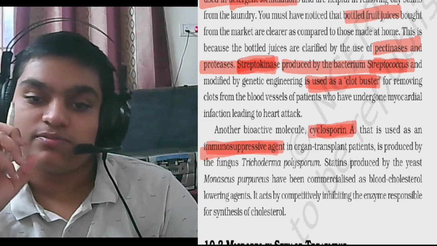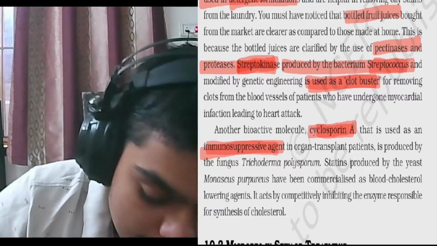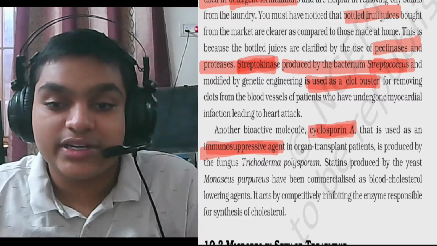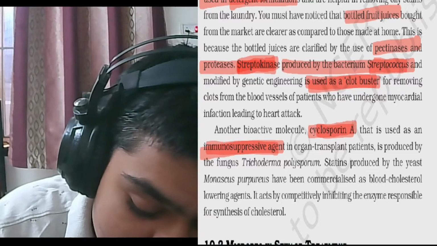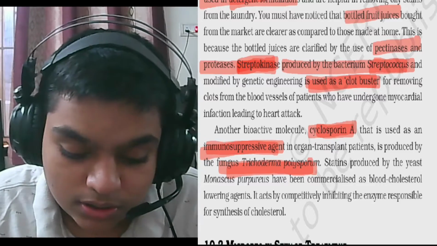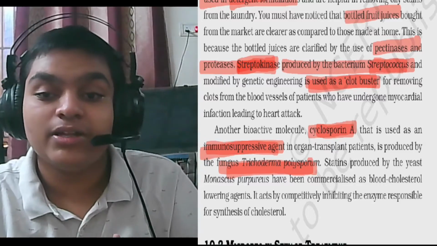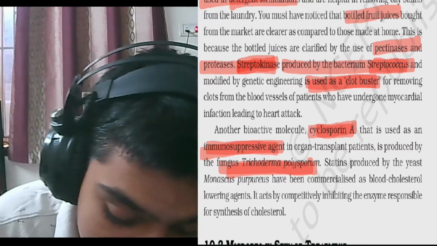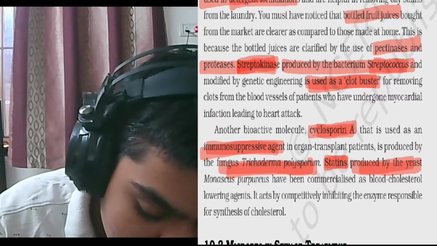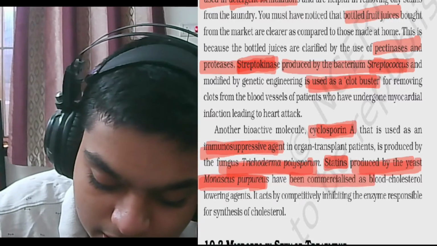It doesn't show any side effects. So this cyclosporin A is produced from a fungus, Trichoderma polysporum.